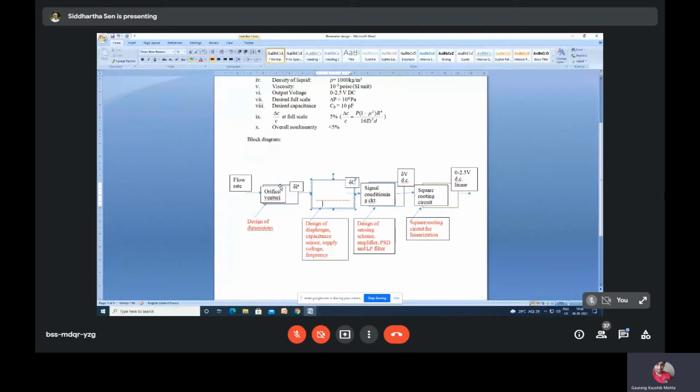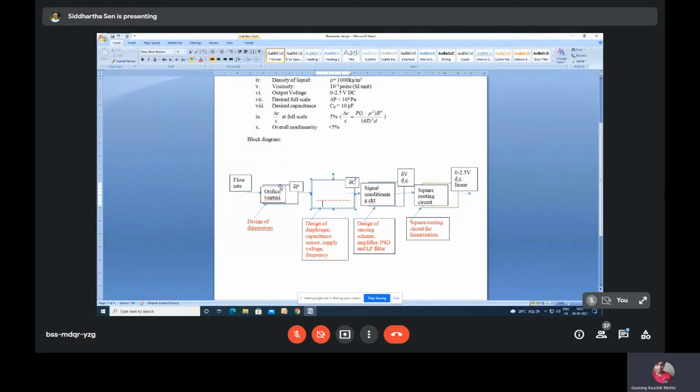But if we are using a capacitive sensor, the diaphragm provides a moving plate. There must be at least one or two fixed plates nearby, so that the capacitance variations or differential capacitance variations can be measured.